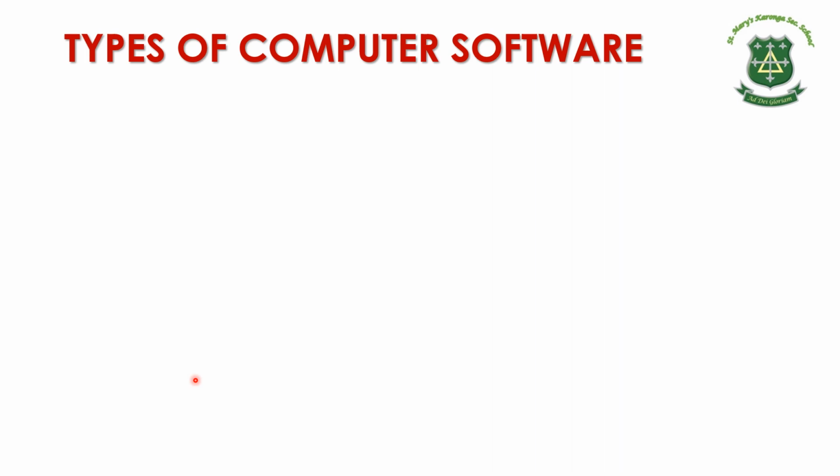Now, we have looked at examples. Let us now look at the types. What are the types of computer software? Here we are going to look at several types of computer software, and there are indeed a lot of them.